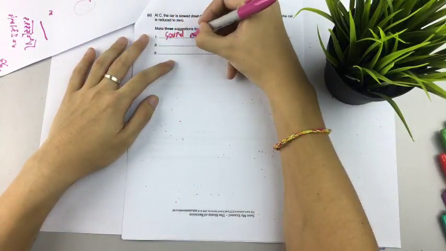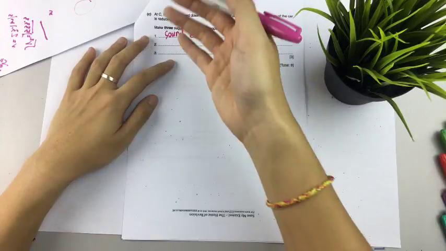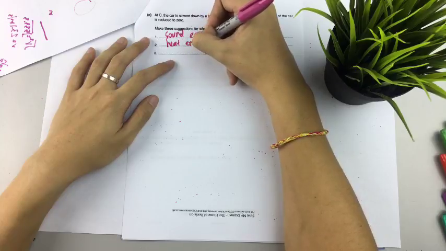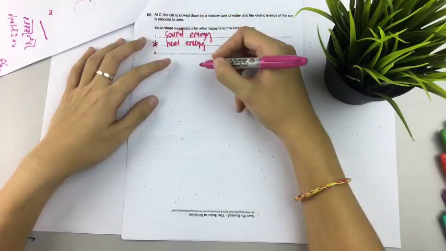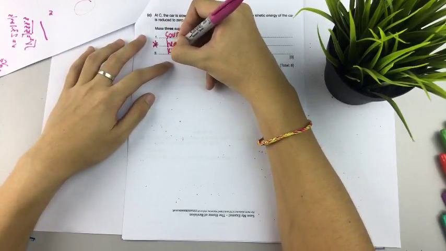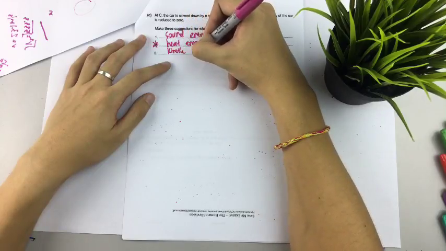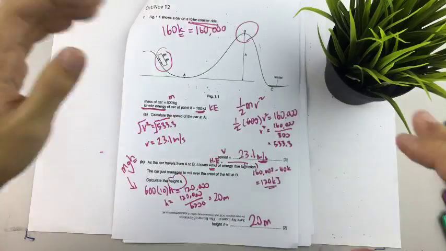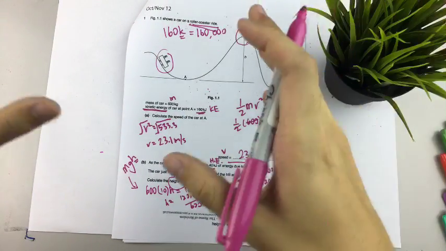Splash, so you get sound energy. Next, it can become heat energy. Heat energy is very useful in most questions, you can memorize this. And then it can be kinetic energy inside the water as well, because the kinetic energy of the roller coaster is transferred to the water, so the water will move. It makes sense, right? Water moves.